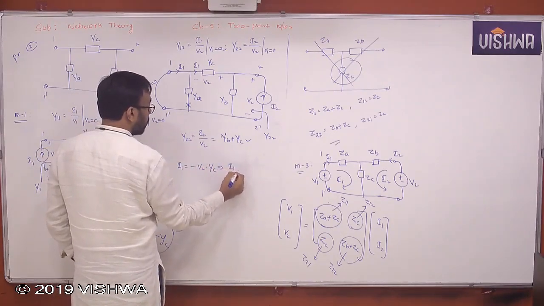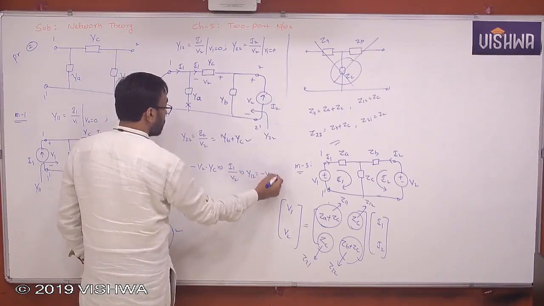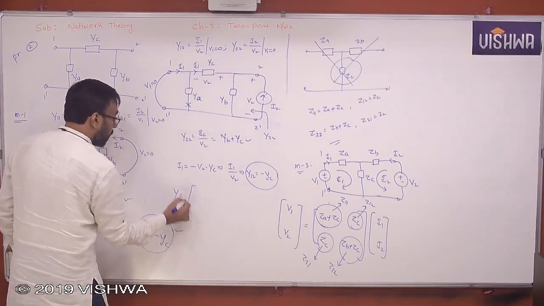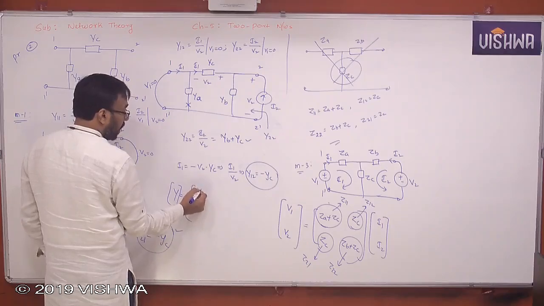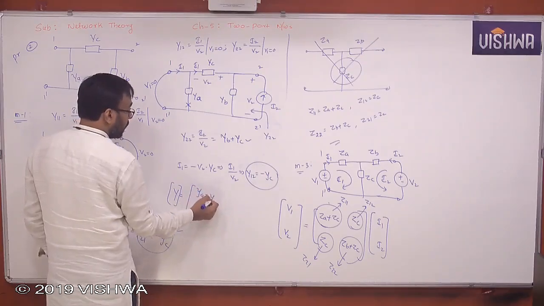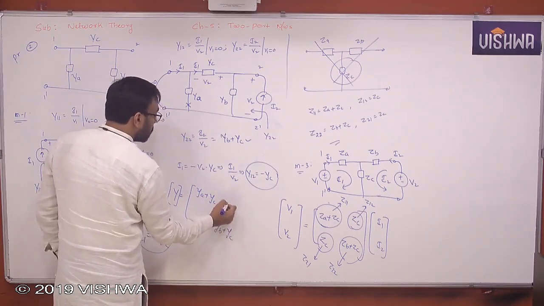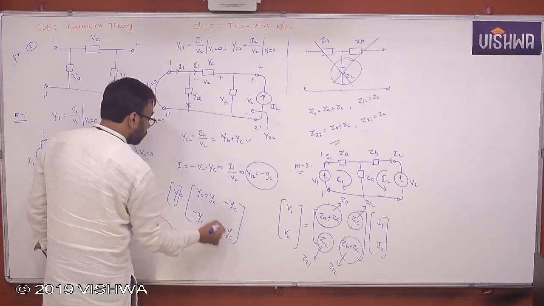From this, I1 by V2, which is Y12, is minus YC. Therefore, what is the Y matrix? The Y matrix is YA plus YC, minus YC, minus YC, and YB plus YC.